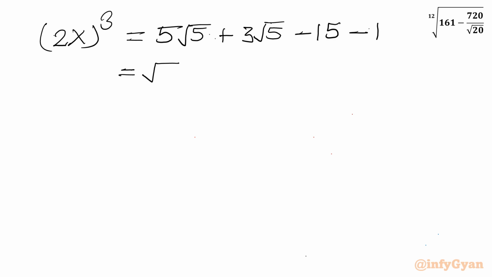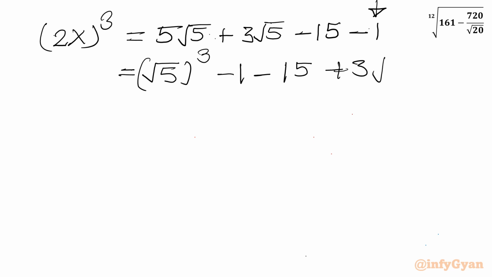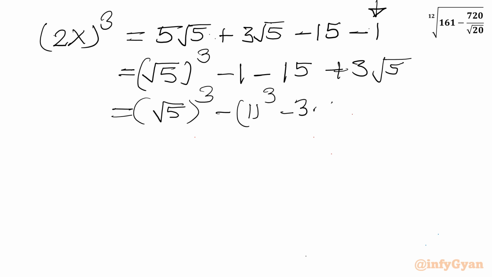So 5 root 5 is cube of root 5. Now I will be writing here this value negative 1. Let me write once in the appropriate order. Plus 3 is square root 5. Now I can write 5 root 5 is root 5 whole cube minus 1 as 1 whole cube, a cube minus b cube, minus 3 times a square times b. So this is negative 15 plus 3 times a times b square.